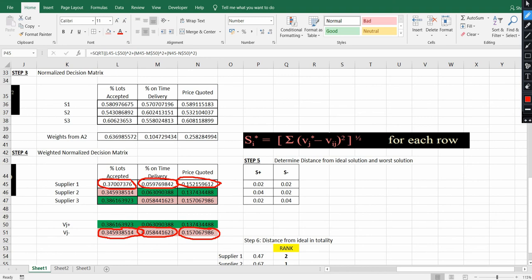After adding all the items, you have to take the under root. The formula is given over here, right? So in this way we have calculated S1 plus as well as S1 minus.